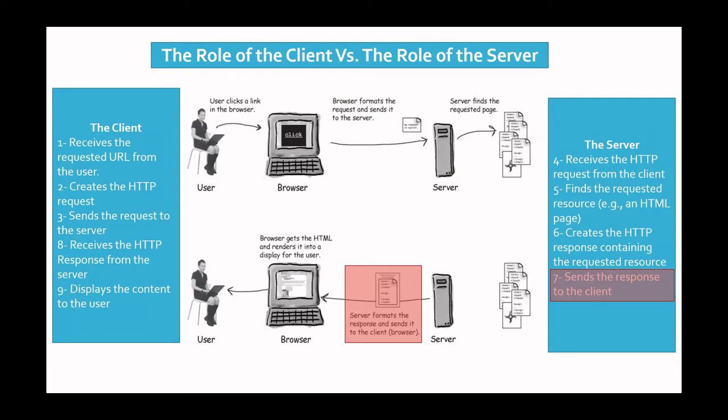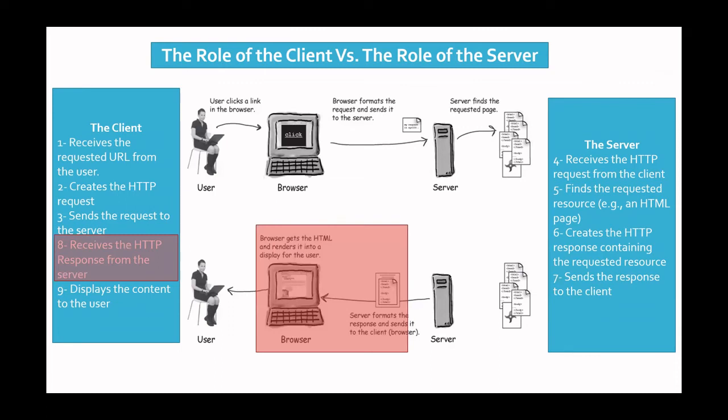All right, now the client also needs to have a mechanism to receive the HTTP response that includes HTML code. And then the final task of the client is to display that. Now we're going to talk about HTML in more detail, but the user is not supposed to see the code of the HTML.